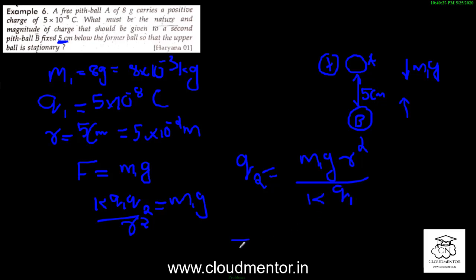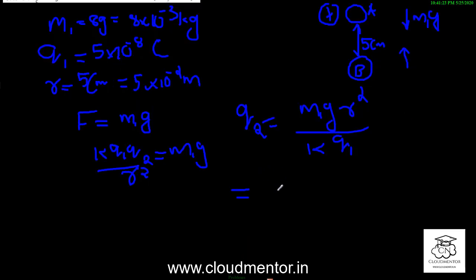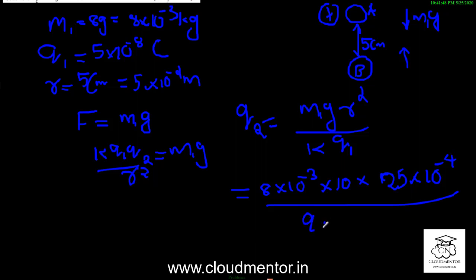Applying the values here, m1 is 8 into 10 raised to minus 3, into g, we can take it as 10 or 9.8, into R square, that is 25 multiplied by 10 raised to minus 4, divided by 9 into 10 raised to 9, and Q1, that is 5 into 10 raised to minus 8.